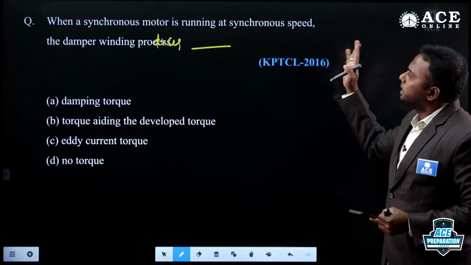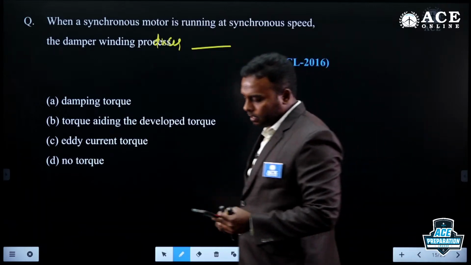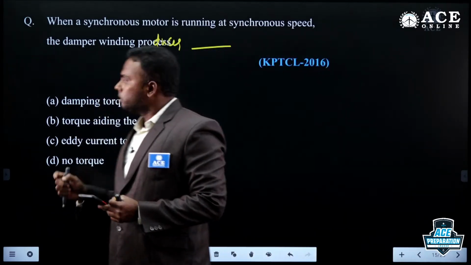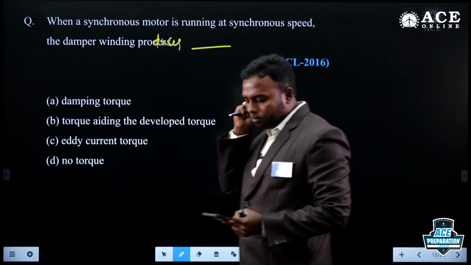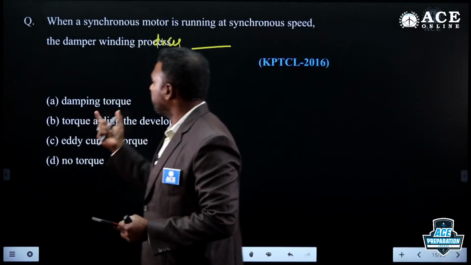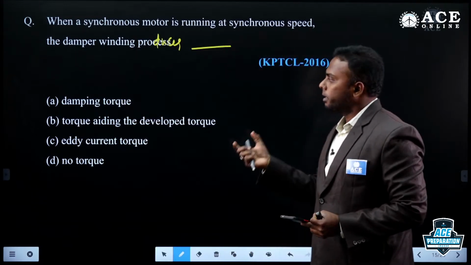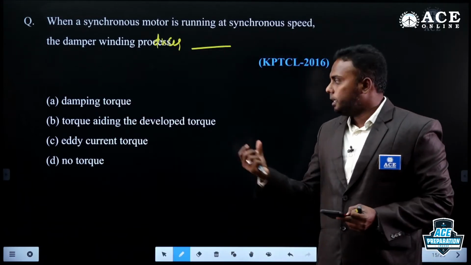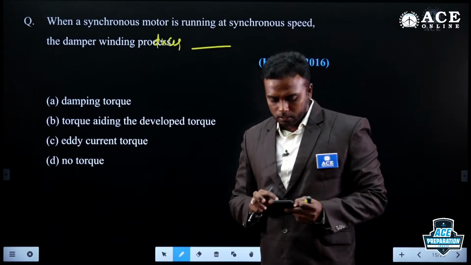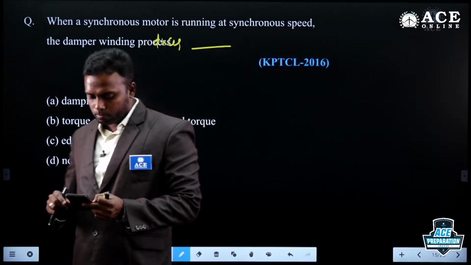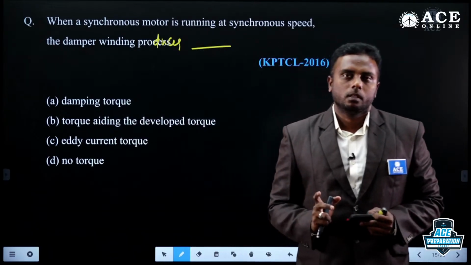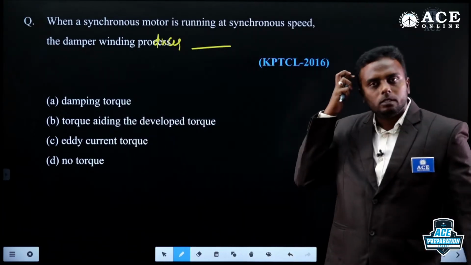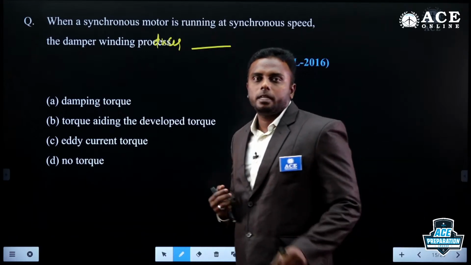Synchronous motor is running at synchronous speed. Then the damper winding produces dash. From the given options: damping torque, torque aiding the developed torque, eddy current torque, no torque. What is the answer? Yes, very good. No torque will be produced, because the main function of the damper winding is to eliminate hunting.